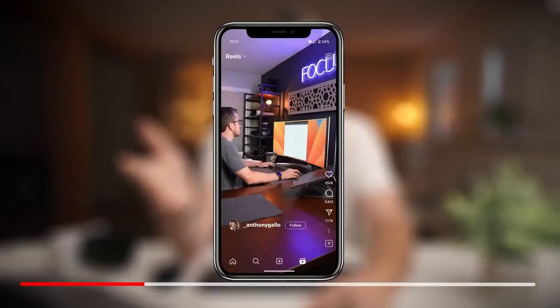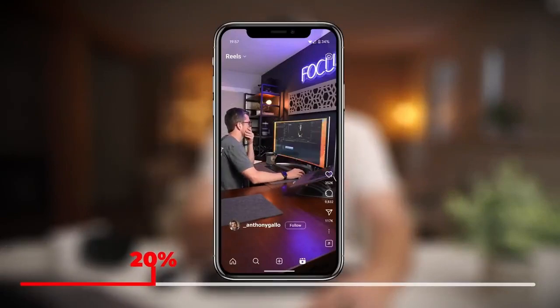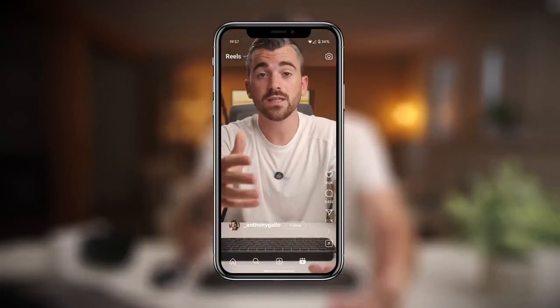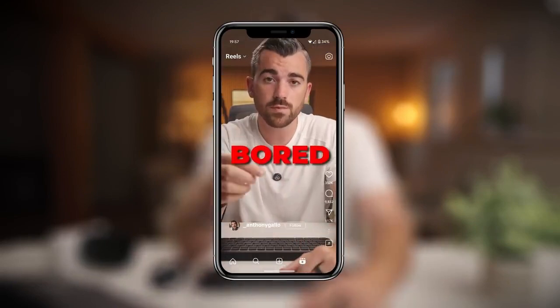The only reason the viewer continued scrolling is because the video literally ended, whereas a video with 20 or 50% watch time, that viewer continued scrolling likely because they got bored, and it's boredom that eventually causes viewers to exit the app, which is not what the platforms want. So they design their algorithm to focus on this metric extremely closely, and they reward those who hit it out of the park with insane exposure and views.